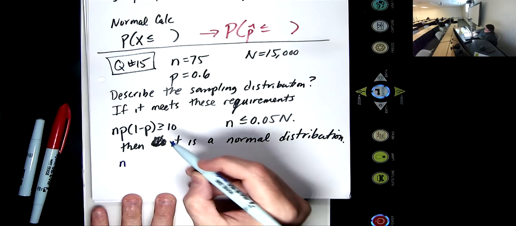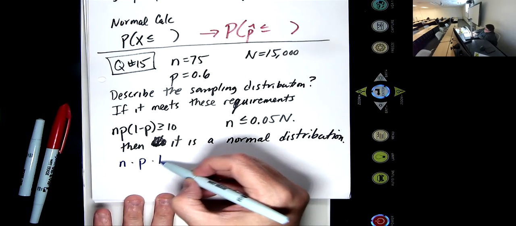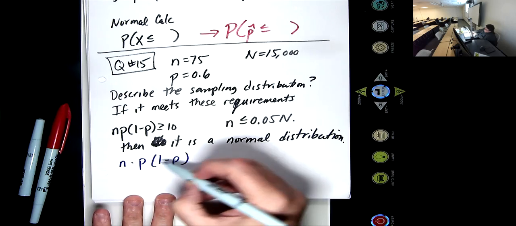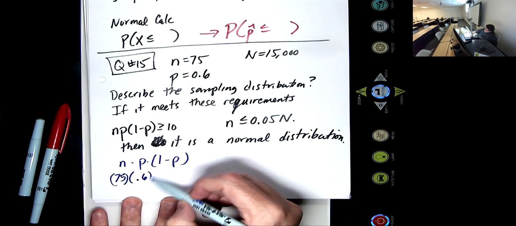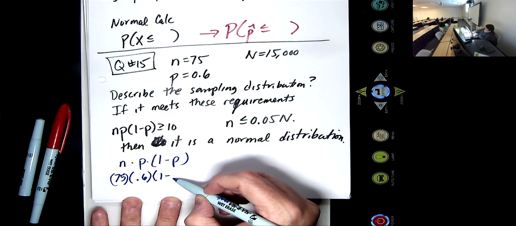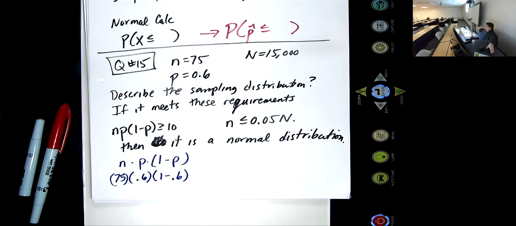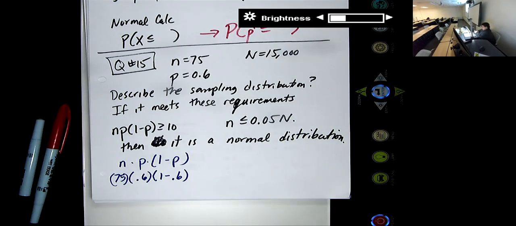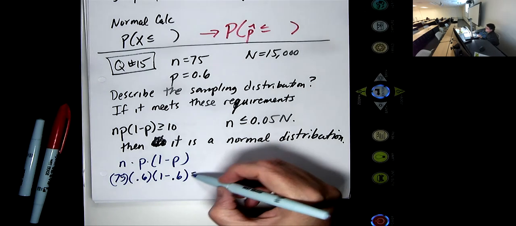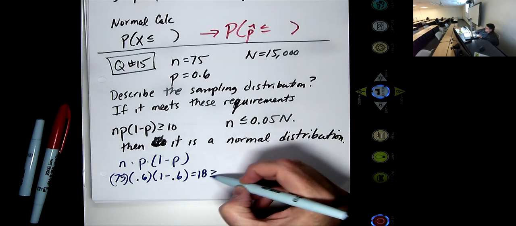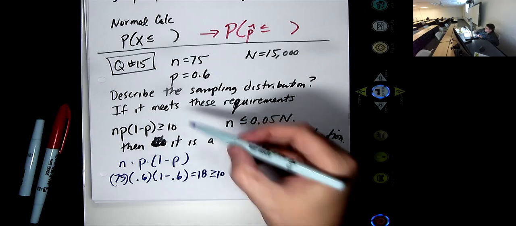N times p times 1 minus p is 75 times 0.6 times 1 minus 0.6. We can find that out in the calculator. And I'm getting 18. 18 is definitely greater than or equal to 10, so it passes this first one.